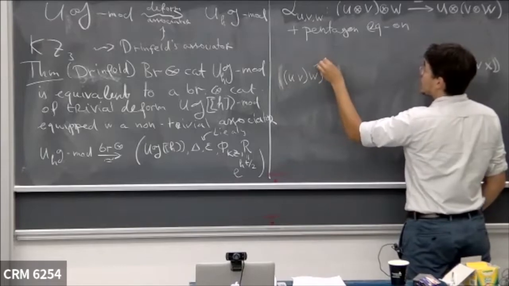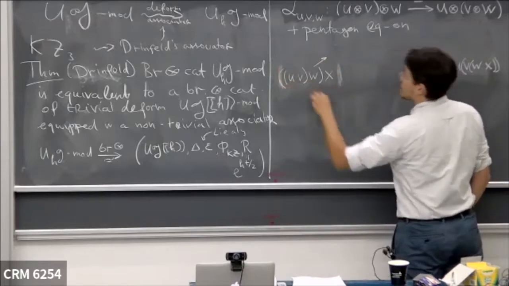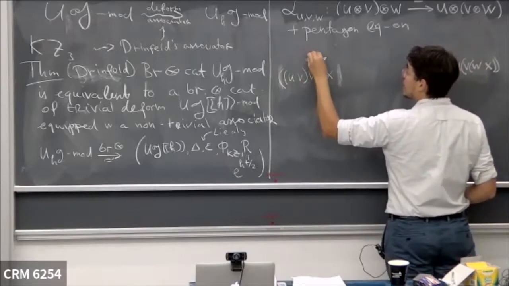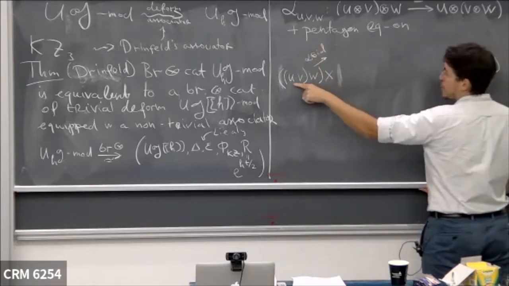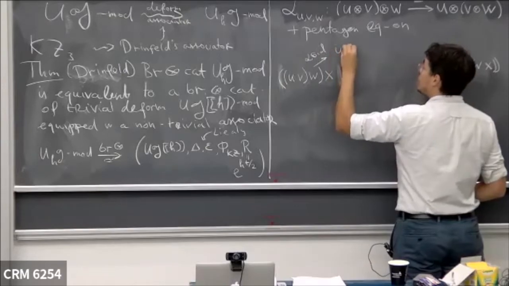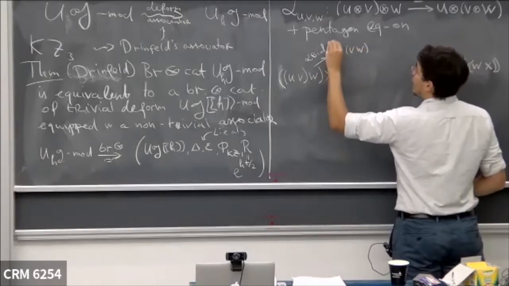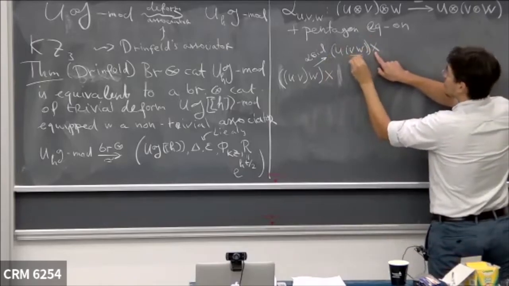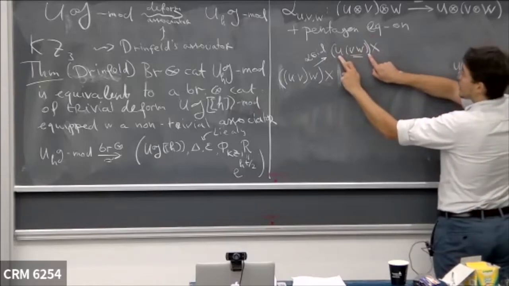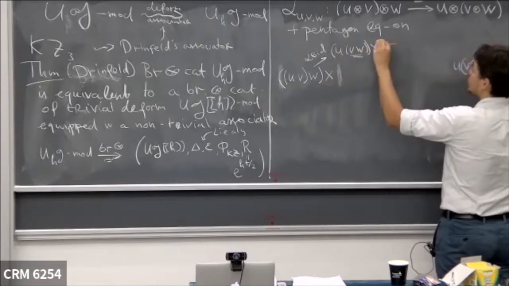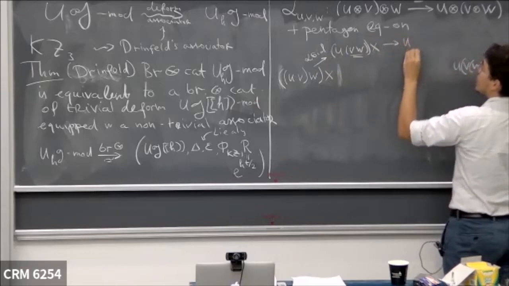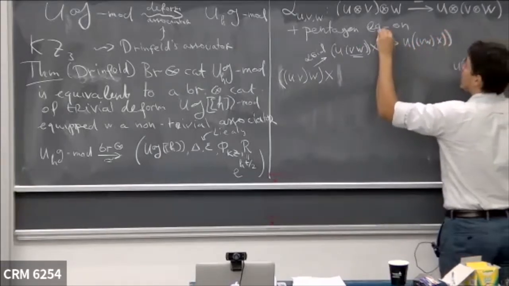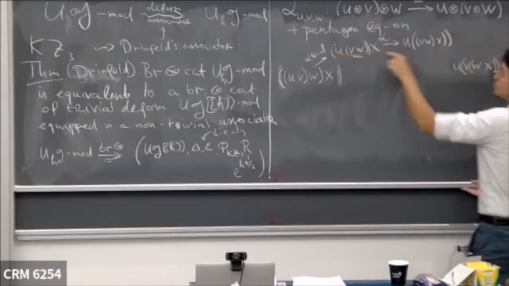One way is I first do the bracketing of U, V, W. So it's alpha tensor identity; I don't touch X. I just rebracket here, so I get U, V, W bracketed, and then X. What I can do now is think of VW as one object, and rebracket on this side. So I get U, then VW, and X. I applied alpha on the components U, VW, and X.